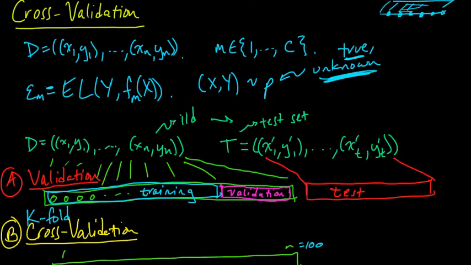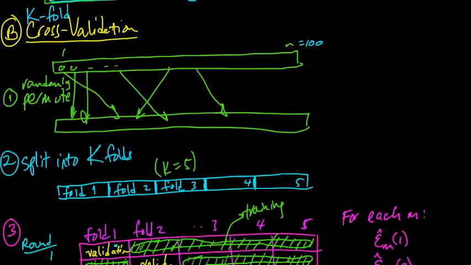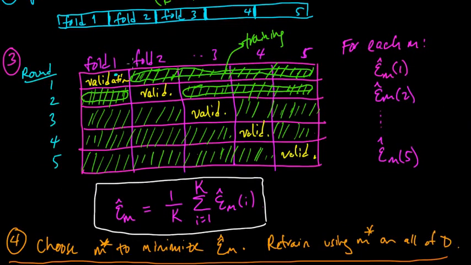So when k equals n, that's what we're doing. Let's think about it. Is the bias low or is the bias high? Let's look at this picture here. Well, when k equals n, the training set is almost the entire data set.